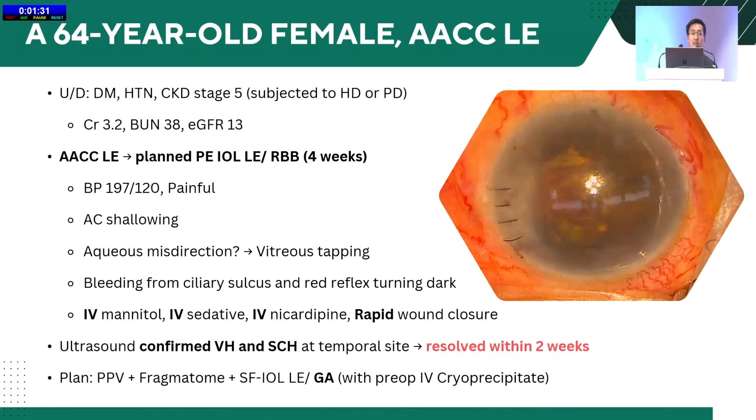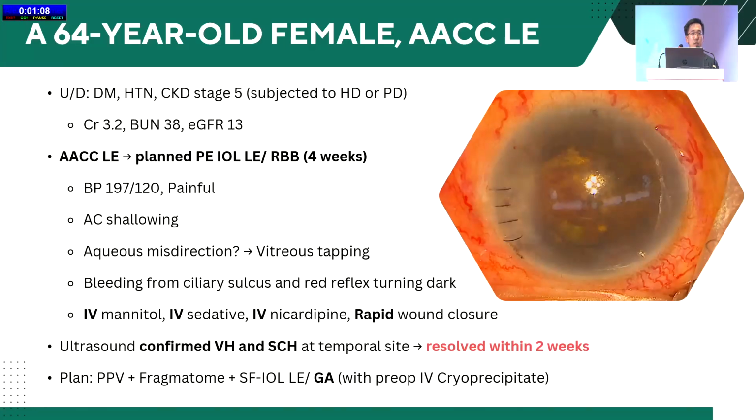So at the time, the surgeon thought it might be fluid misdirection, so they did the Rich tapping. But it turned out that there was bleeding coming from the ciliary sulcus, and the reflex was turning dark. So at the time the surgeon thought it should be a suprachoroidal hemorrhage.